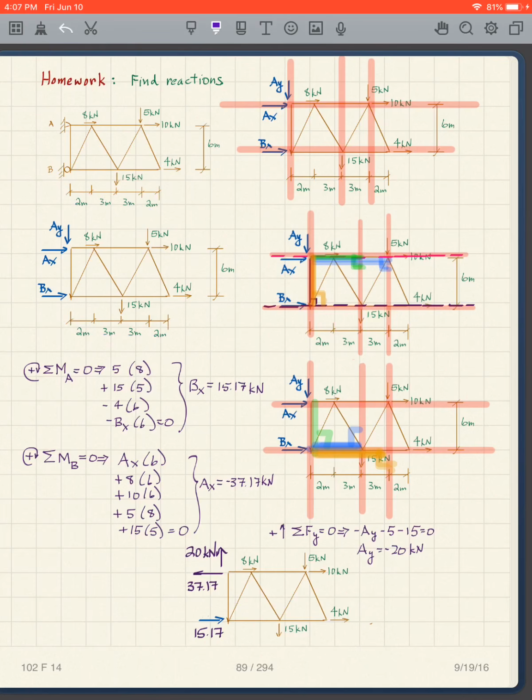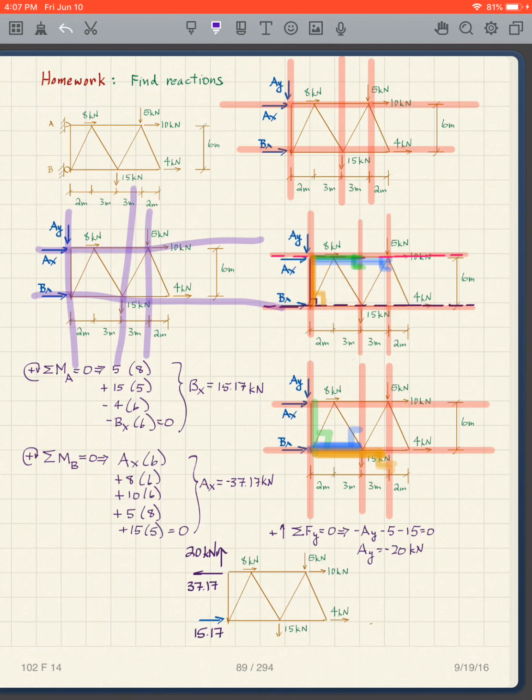But I want you to not make mistakes, and people get confused. If you don't understand the lines of action, you're going to get confused and make mistakes. So we just look at all the forces here. I've got a line of action there, there, there, here, and there.